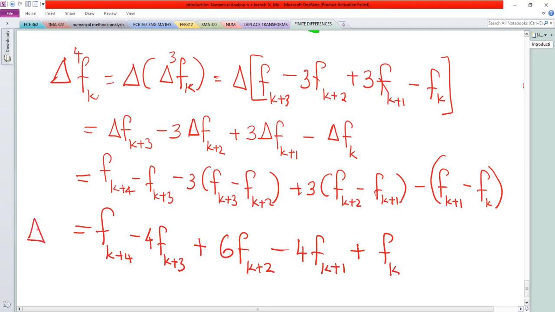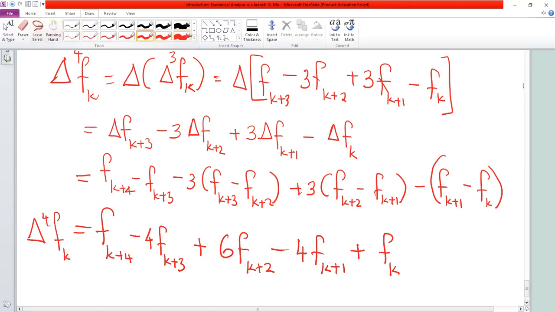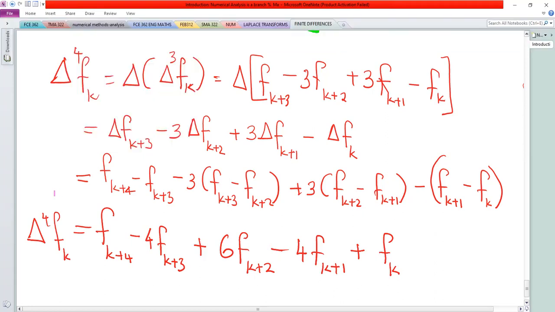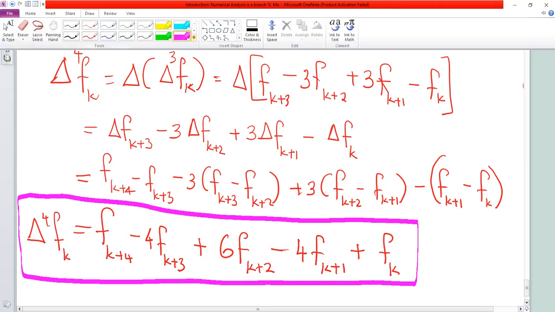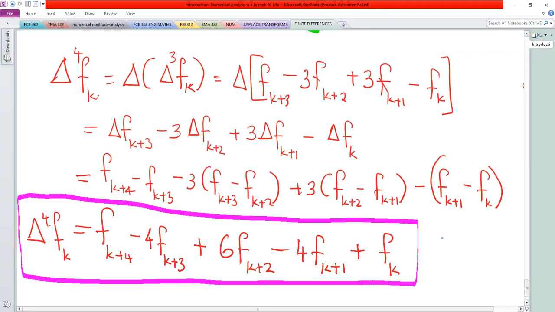So this is the fourth forward difference of fk.